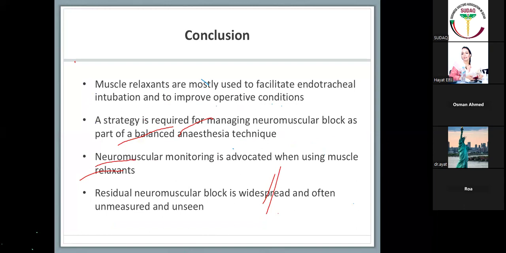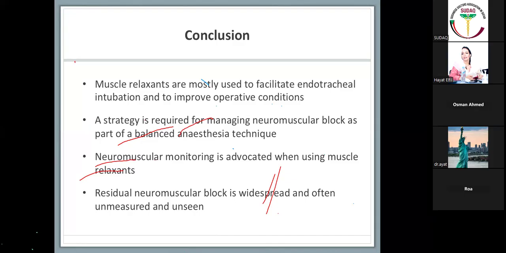You must have a strategy for managing neuromuscular block as part of a balanced anesthesia technique. Neuromuscular monitoring is advocated when using muscle relaxants. When you use muscle relaxants, you have to monitor neuromuscular blockade. So you really need to use muscle relaxants when you need them. That is number one.